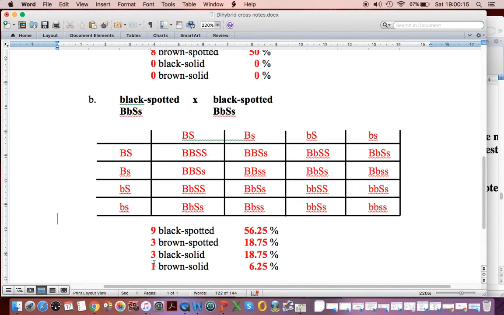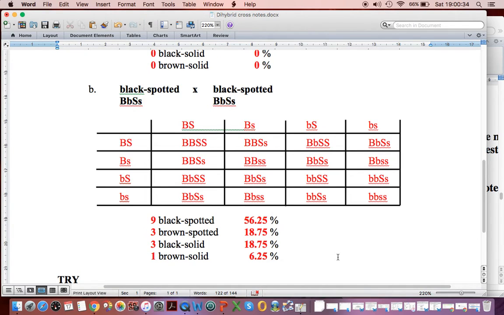And typically it's fine if you just go with the ratios. These are all out of 16: 9 out of 16, 3 out of 16, 3 out of 16, and 1 out of 16. There's only a 1 in 16 chance of getting all recessive genes combining in this case. And here I've just written them as percents. So that's how you deal with it.